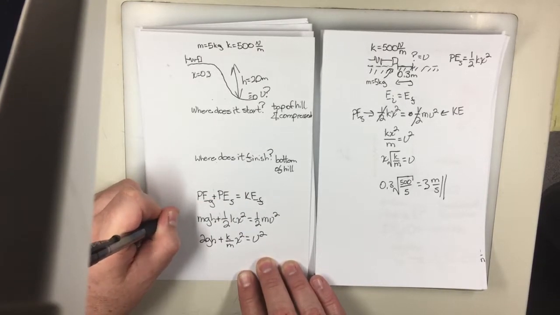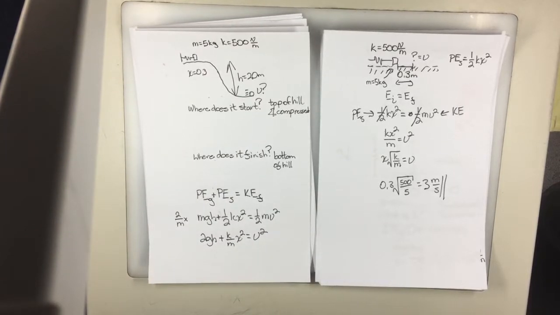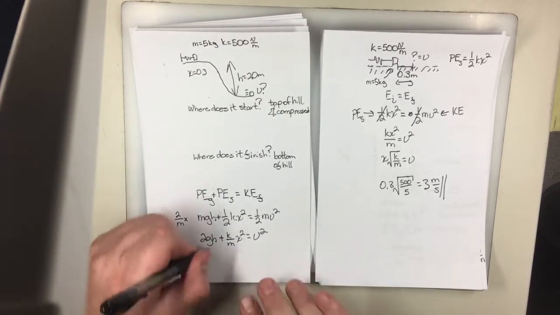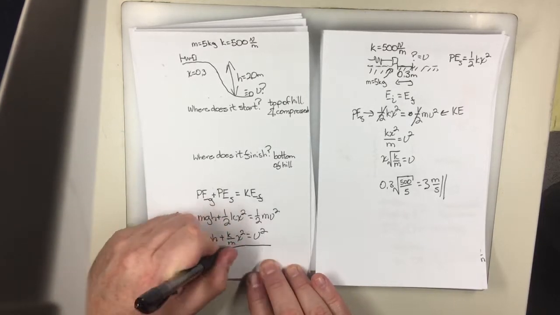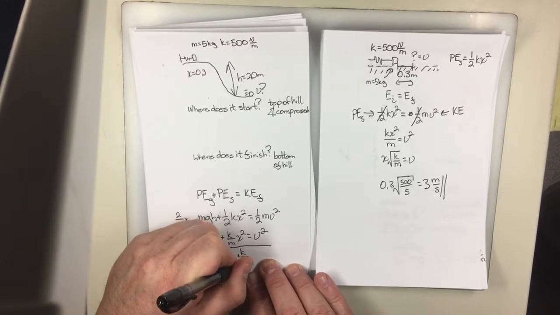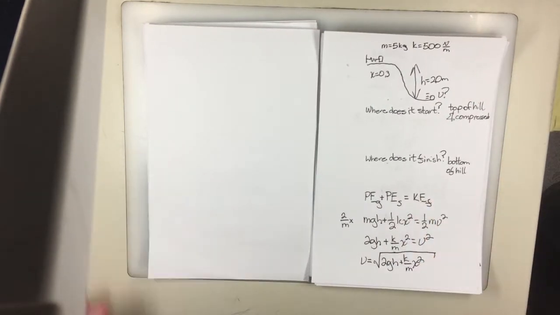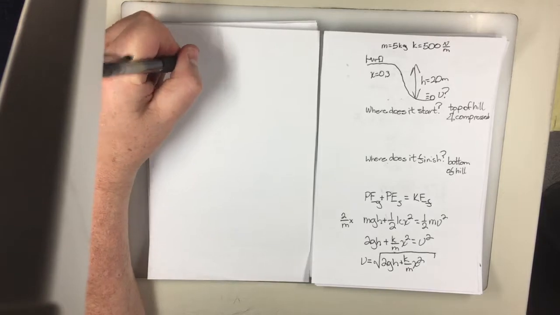I multiplied by 2 over m, and then I take the square root. So v is equal to the square root of 2gh plus k over m x squared. And so now we plug and chug.